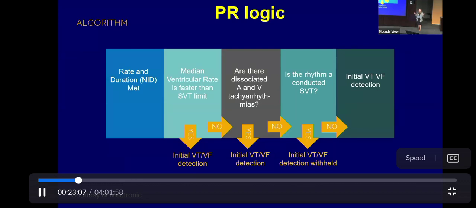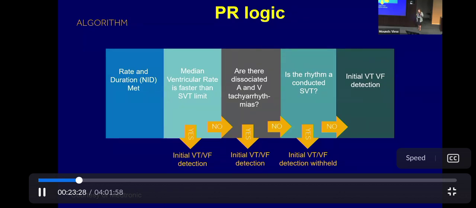There are different orders in the algorithm. You start out, first of all, by always having to meet the detection cutoffs and the number of intervals to detect. It's not going to go through any of these algorithms until you meet that rate cutoff for VT or VF. But in the VT zone, if they are dissociated, then you're detecting VT.